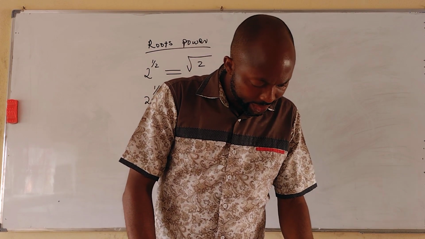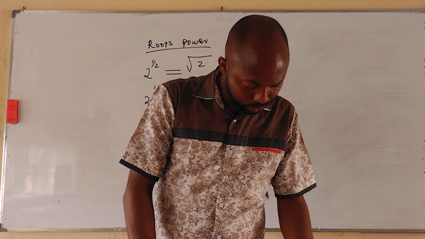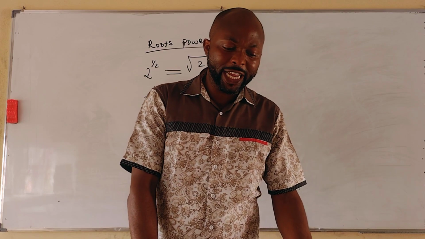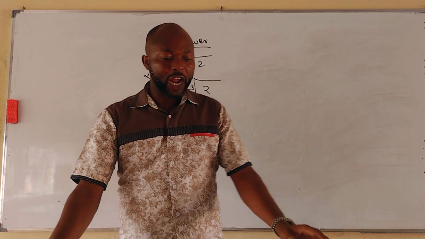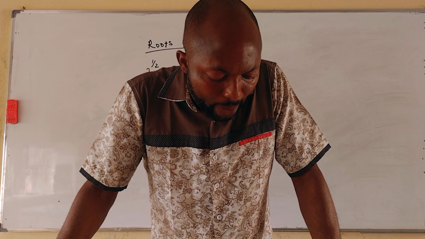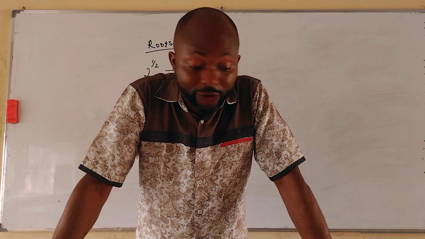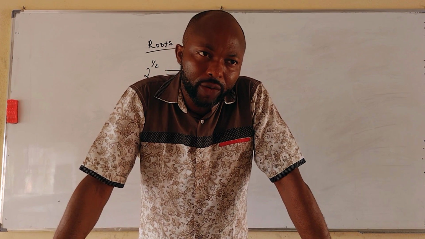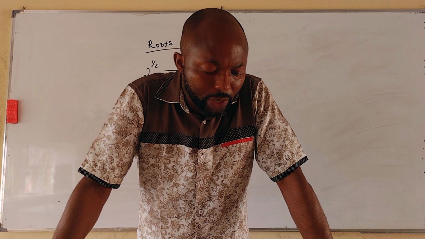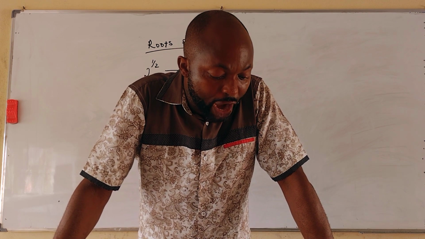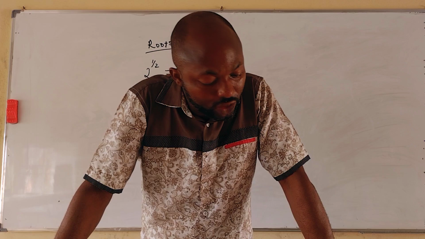Let's check again if we have more. Okay, fraction index. In fraction index, at times a number might be raised to a power which is a fraction other than half. Remember, the method of resolving this is by finding the nth root, the root given by the denominator.